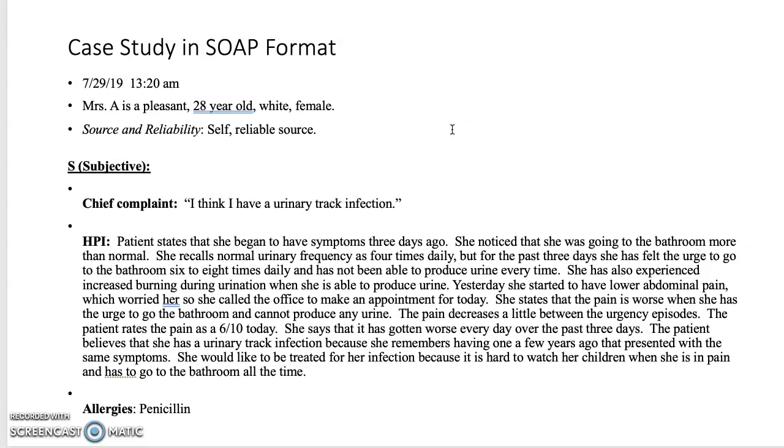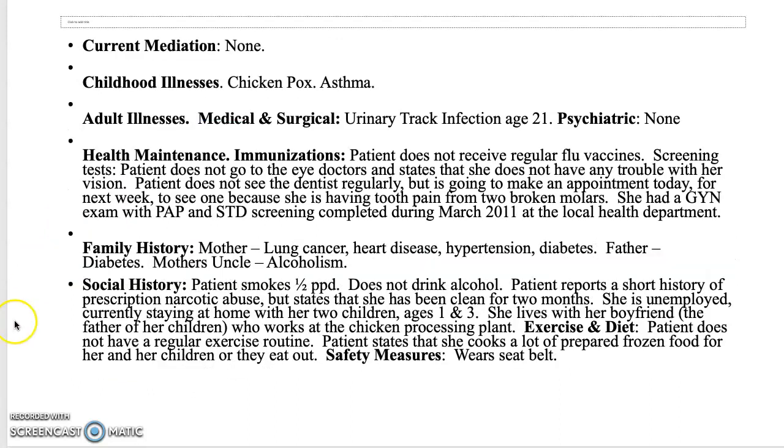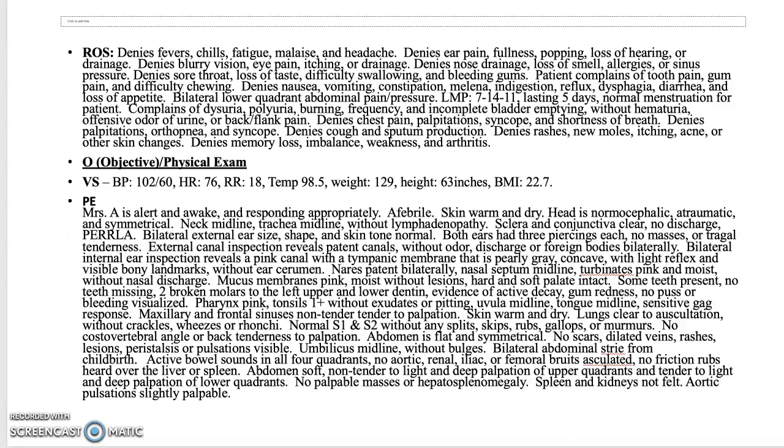But some of the elements are the same, including under your subjective, you have your chief complaint, an HPI, allergies are documented. Here is a targeted medical, family, and social history along with health maintenance for this patient. There's a complete review of systems documented here and a complete physical exam.